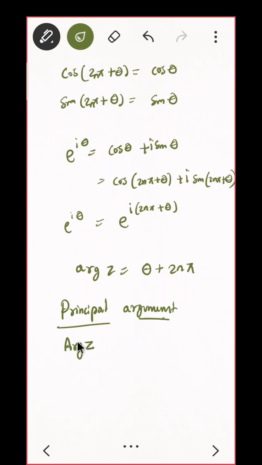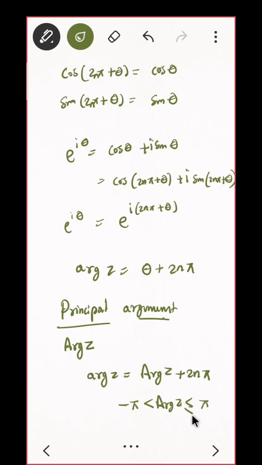And what is this principal argument? Your small arg of z is the same as capital Arg of z plus 2n pi. Okay, and we have some condition on capital Arg of z. Its value lies between minus pi to pi.